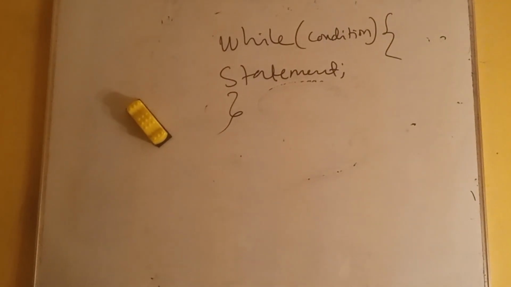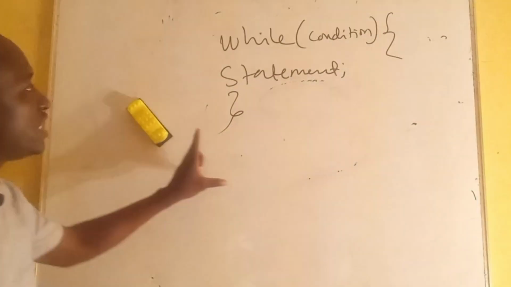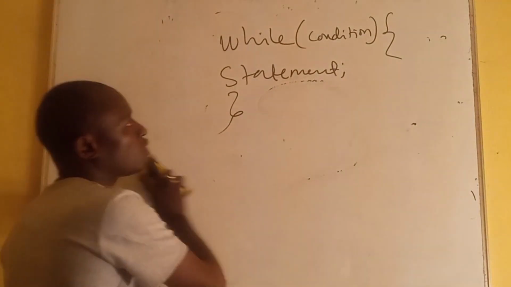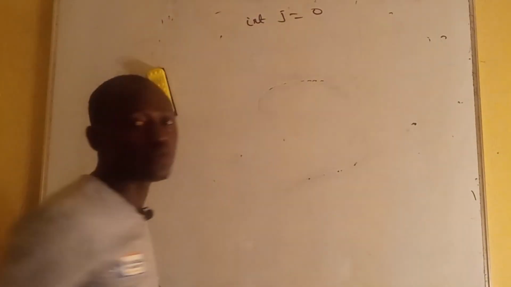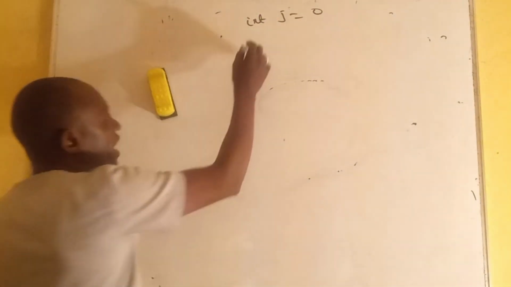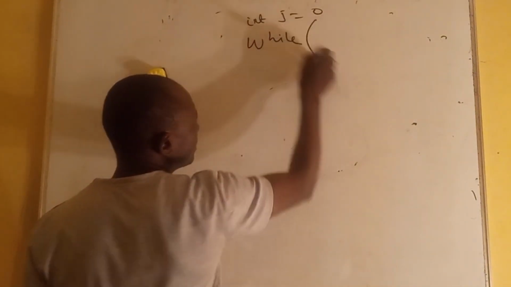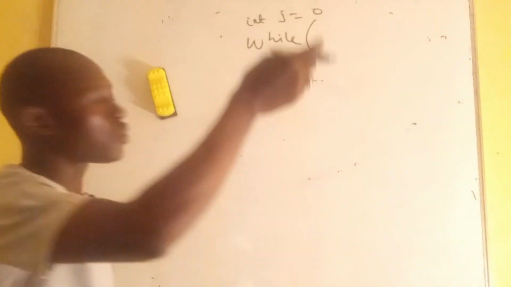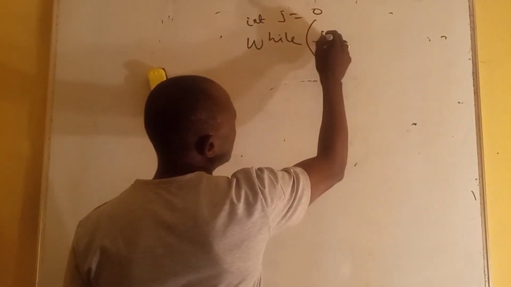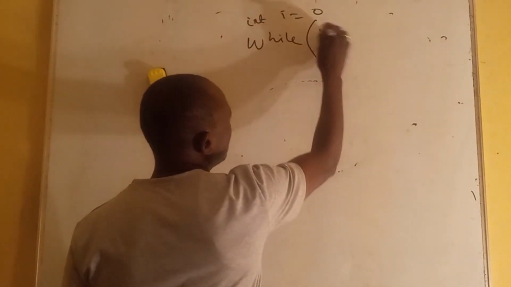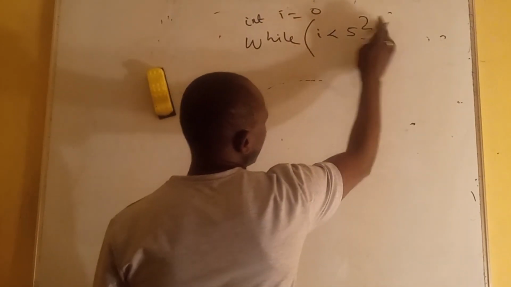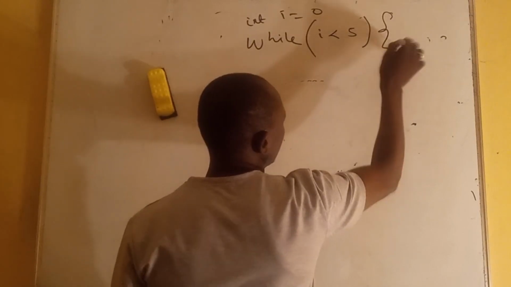So here you are going to initialize. We are going to write a simple code on this. You are going to initialize or declare your integer, let's say int j equals 0 at that point. Then we say while. You remember our syntax? Our condition is, let's use I, if this I is less than 5, close bracket, open curly braces.